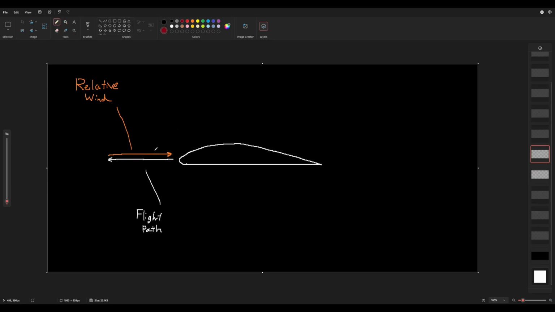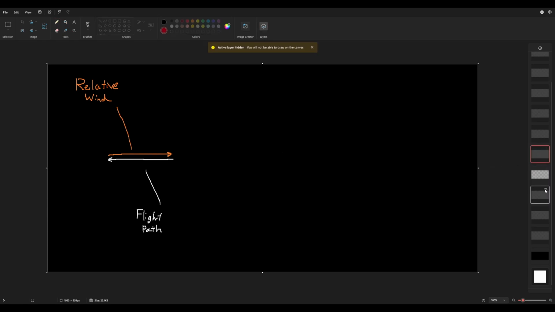One thing to note though is this is not dependent on the way the airfoil is facing. For example, we could have an airfoil pitched up like this. However, if we're still moving in this flight direction path, so the airfoil is still moving in this direction right here, it's going to still have a relative wind of parallel and opposite.